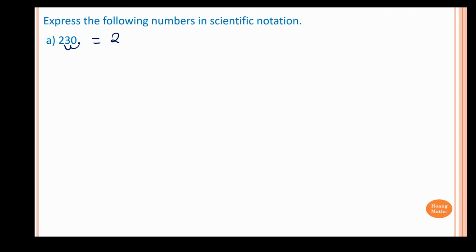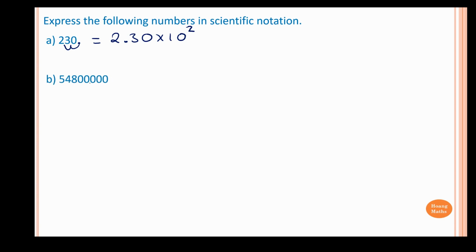So 2.30 or 2.3, doesn't matter, times 10 to the power of 2 because we moved the decimal twice. And don't forget, because 230 is greater than 1, this should be positive. Otherwise, just remember, you move to the left, the index is positive. Move to the right, then the index is negative.